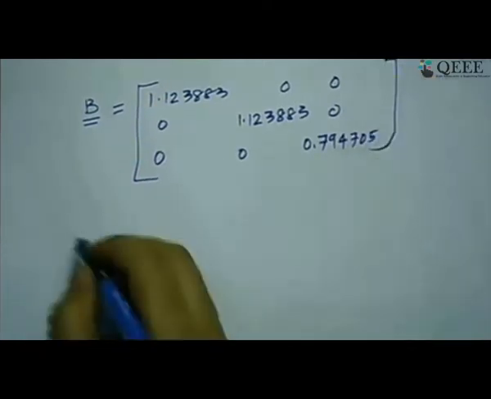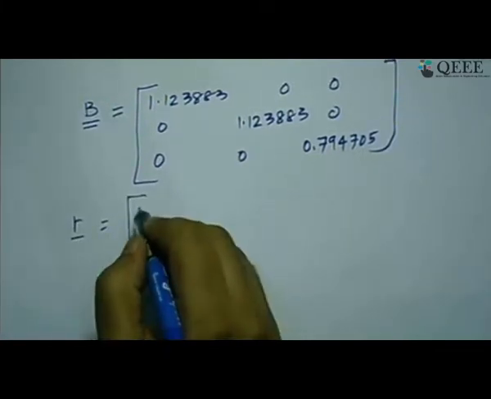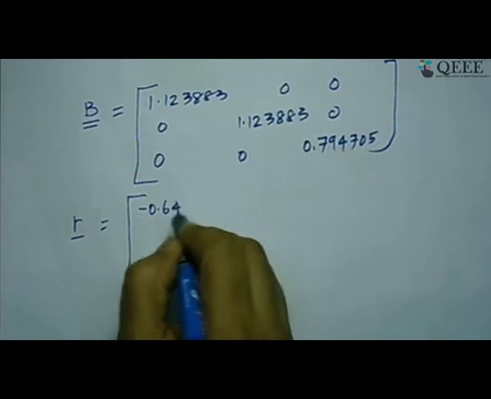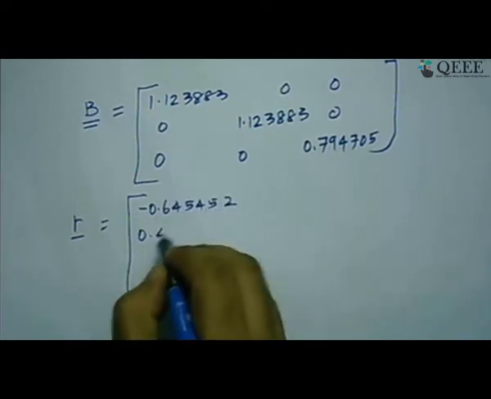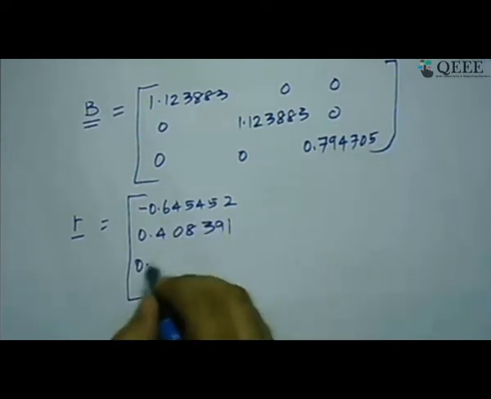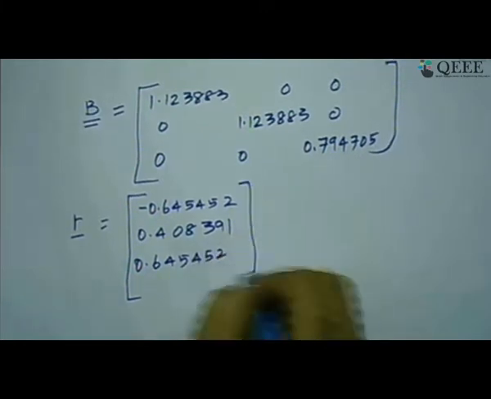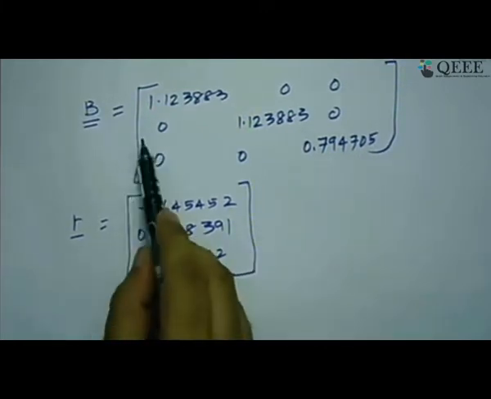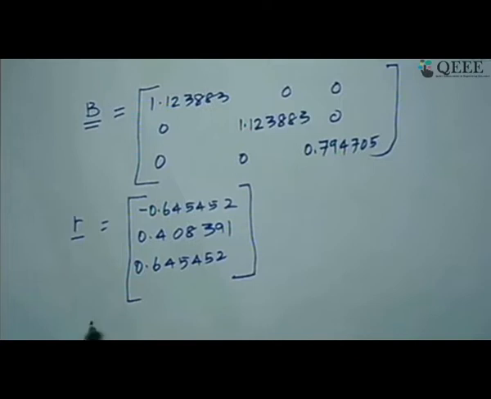I have the other vector R, which is given by this: minus 0.645452, 0.408391, 0.645452.